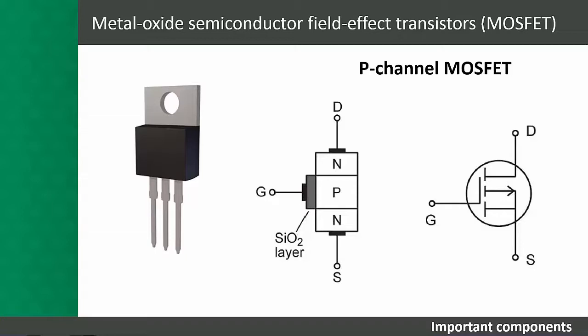MOSFETs operate in the same manner as JFETs, but have a gate terminal that is electrically isolated from the conductive channel. A MOSFET differs from a JFET in that it has a metal oxide gate electrode, which is electrically insulated from the main semiconductor channel by a very thin layer of insulating material, usually glass.